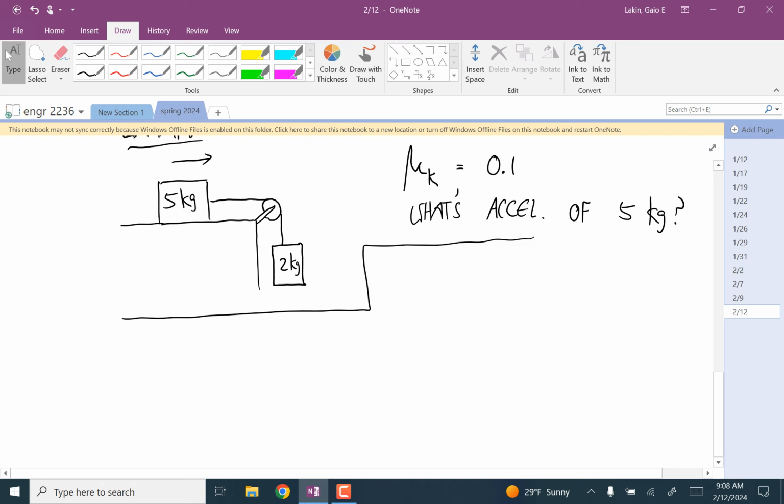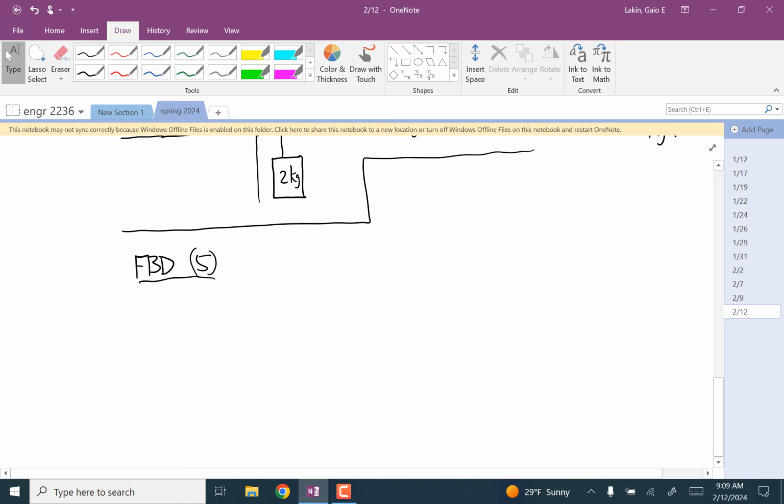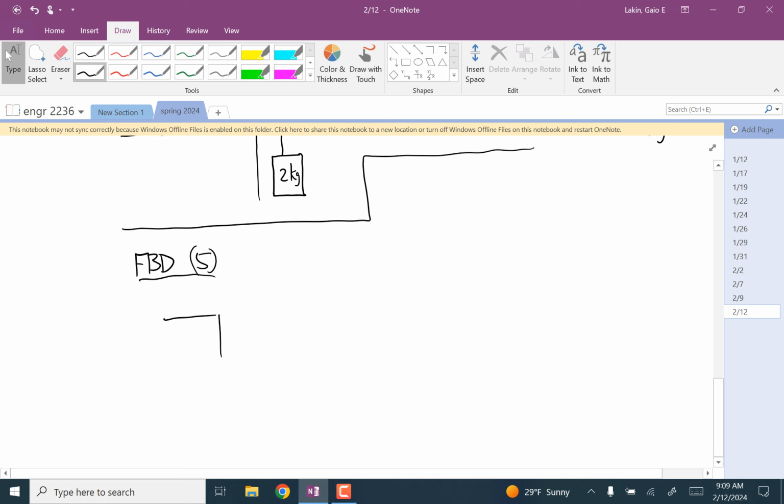We're going to have to do this the same way that we did before with systems, but now we're going to have to include the friction in it. So let's start by isolating the 5 kilogram. So 49.05 down, that's the weight.